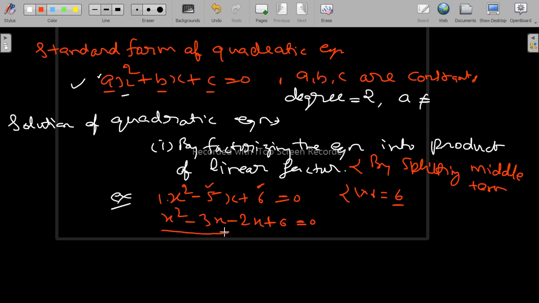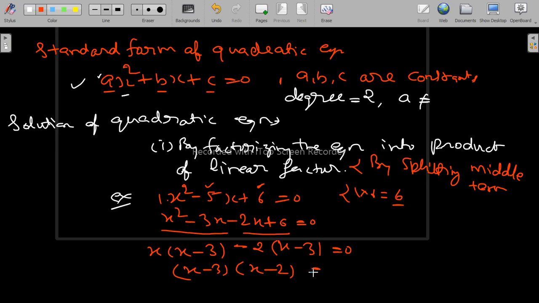Now group these terms together. In the first group we take x common, giving x minus 3, and in the second group we take minus 2 common, giving x minus 3 again. x minus 3 is common to both, and we are left with x minus 2.